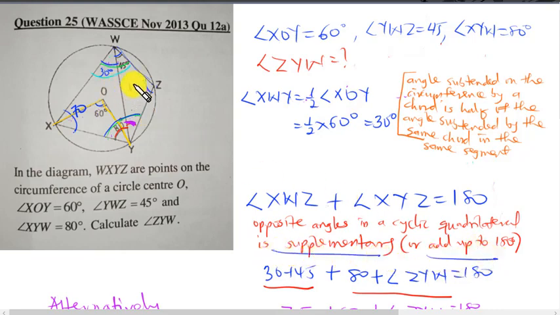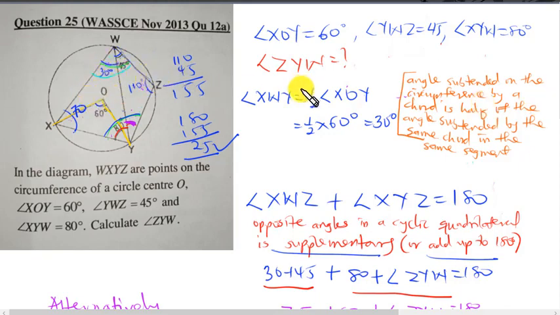So here should be 110, and if here is 110, the sum of the interior angles of the triangle should be 180 degrees. So what is 110 plus 45? That is 155. So if I take 155 from 180, that gives me 25. So you get the same answer here if you want to go that long way.